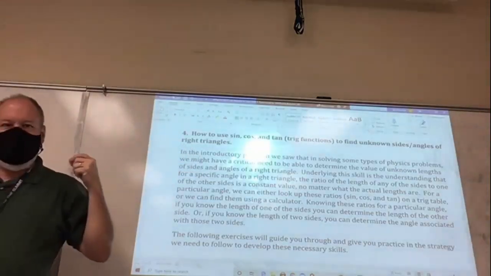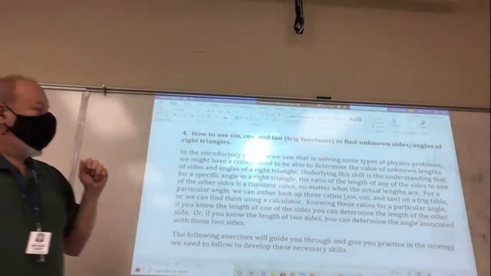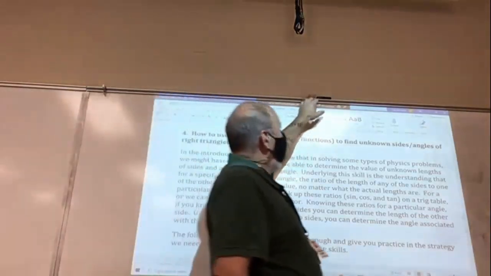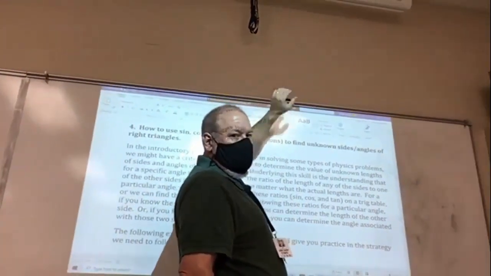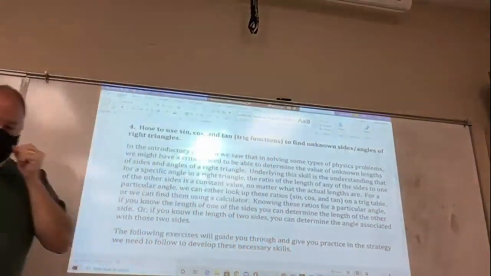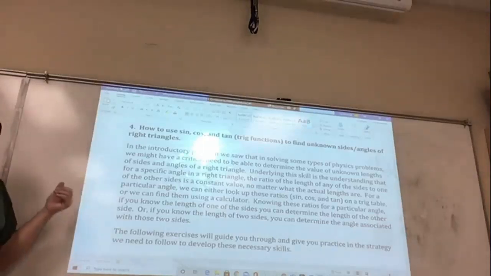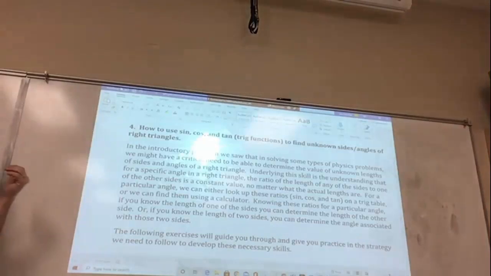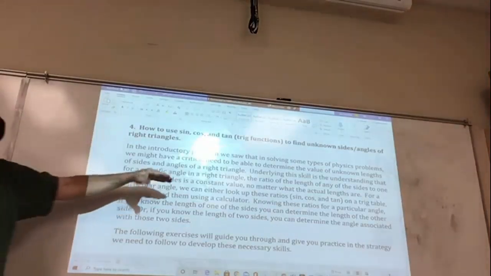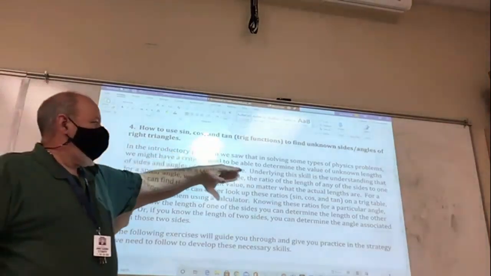Remember that our problem was that we were trying to figure out how the wind was affecting the direction and the speed of the airplane. So we needed this skill.